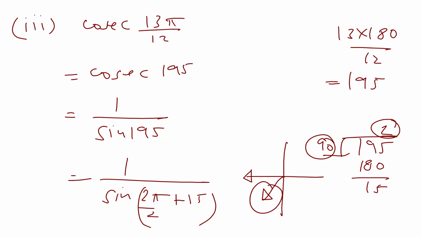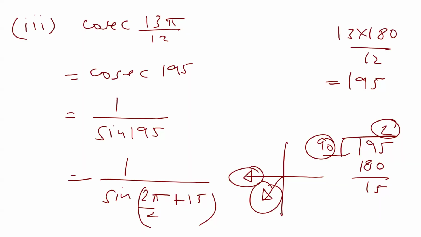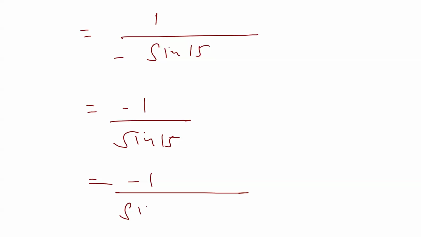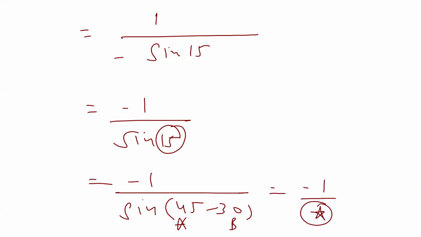In this quadrant, sine is negative and 2 pi by 2 is on the x-axis, so sine remains sine 15. So minus 1 upon sine 15, which can be written as 45 minus 30 or 60 minus 45. So now you apply the formula, sine A minus B. You'll get some value in the denominator. Okay. If you want, you can rationalize.